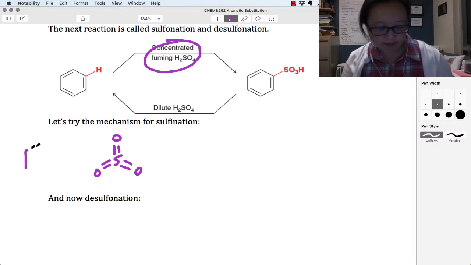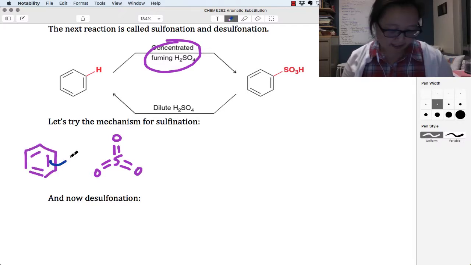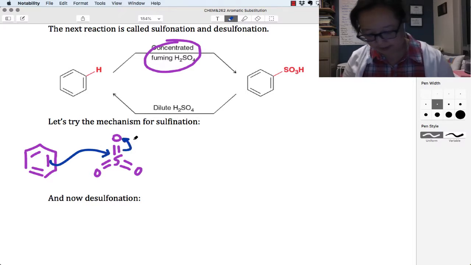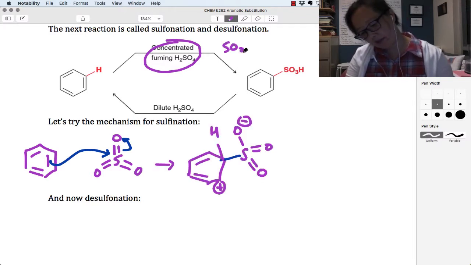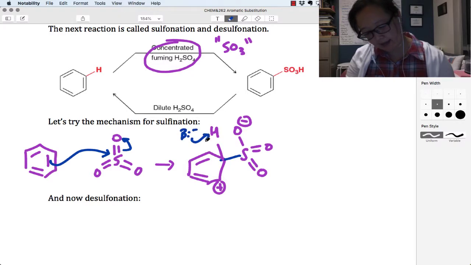And then when you have the benzene ring, it's just going to attack that. So like this. Now remember, sulfur can have an expanded octet, so that's why it looks funny. Okay, and then once you know that it's really SO3, then it's easy from there. So now you can just take a base and you can just regenerate the aromaticity right here.